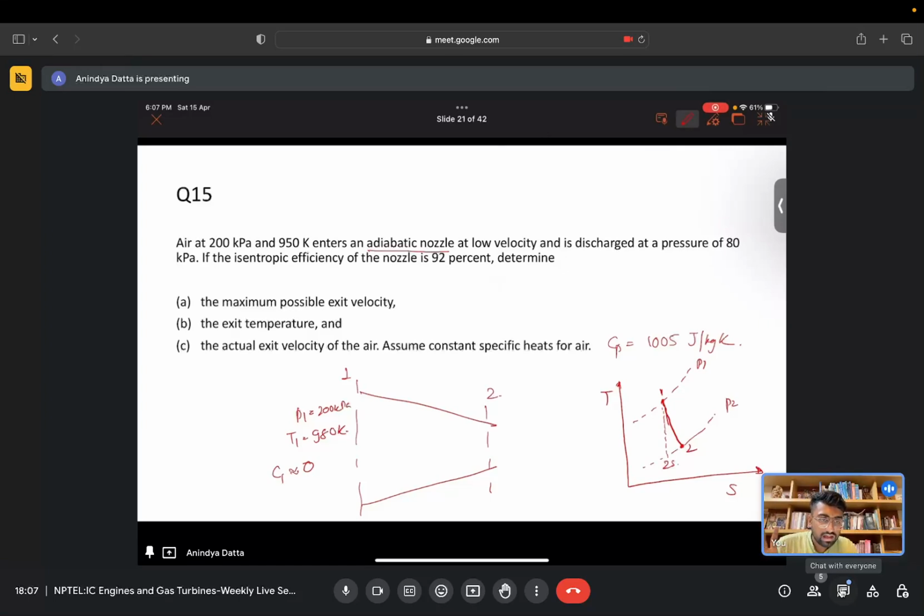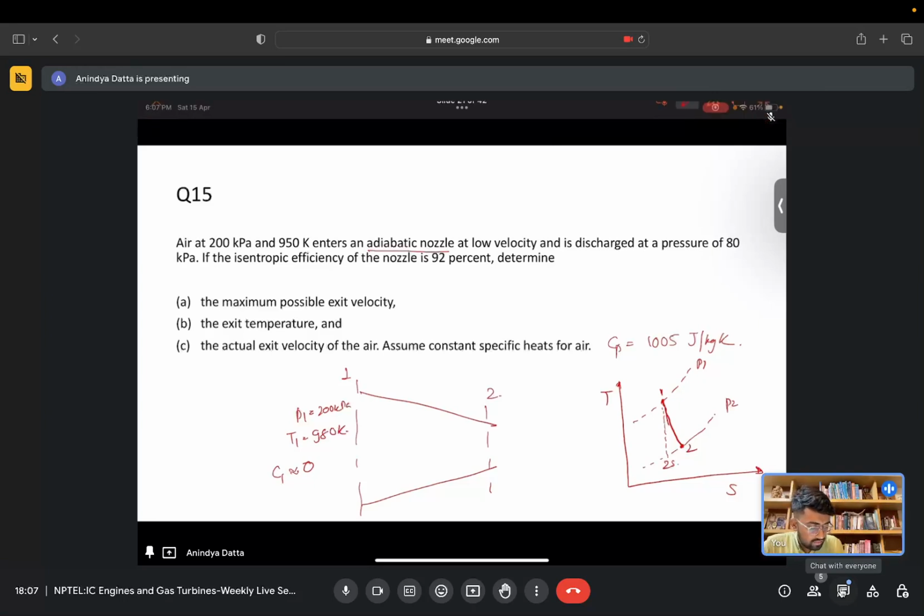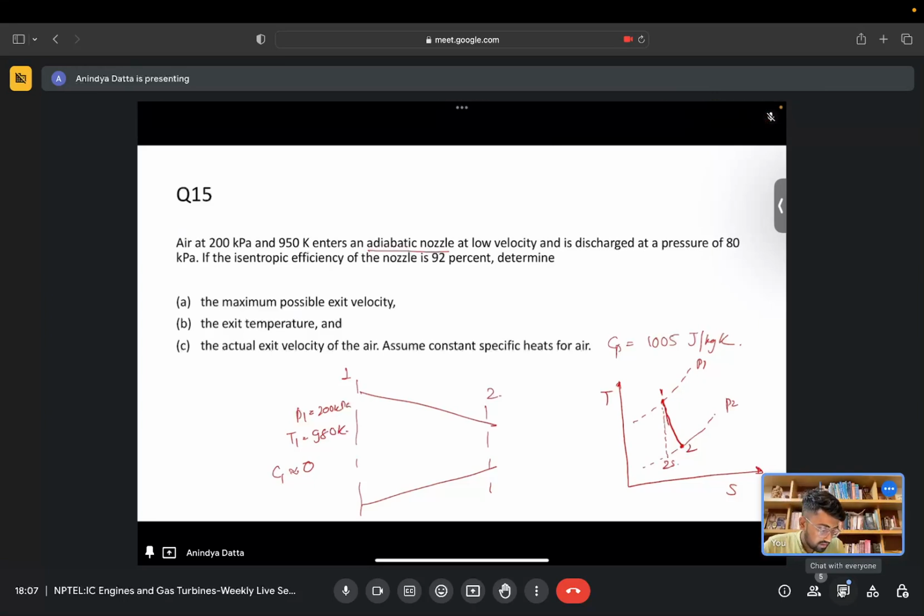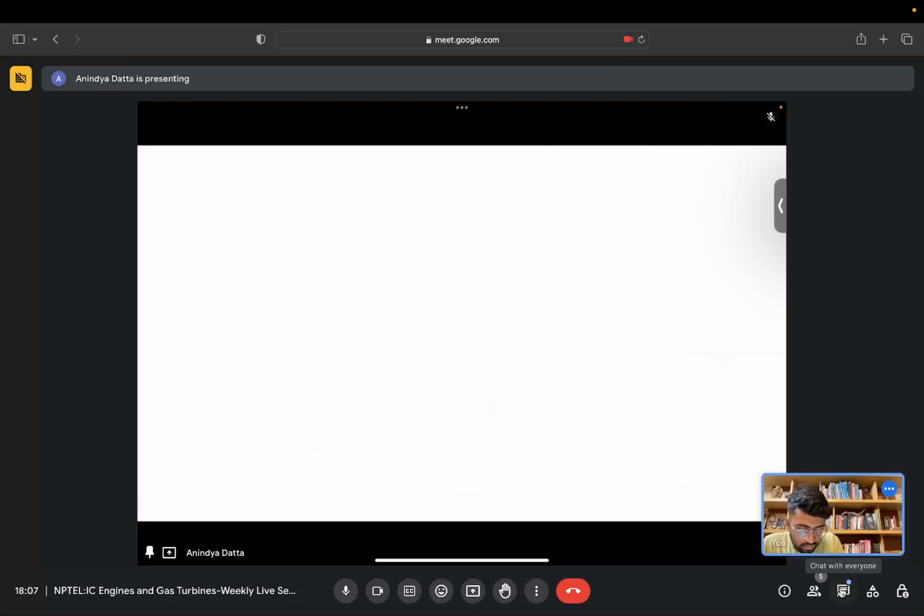We can attain the maximum possible exit velocity at the exit of the nozzle when the flow is isentropic, which means it follows this curve from 1 to 2s. So 1 to 2s is isentropic, and this will give the maximum nozzle exit velocity.